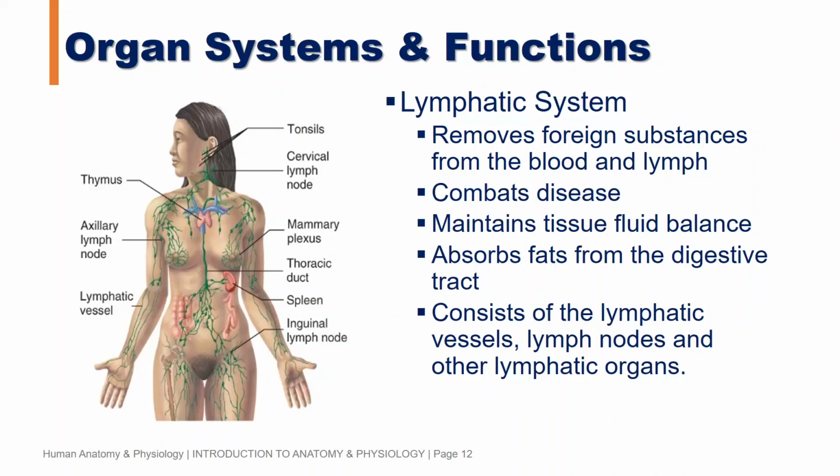So as you can see from here, you have your tonsils, cervical lymph node, thymus, mammary plexus, thoracic duct, spleen, inguinal lymph node, then you have your axillary lymph node and your lymphatic vessels. Don't worry about this now. What I'm trying to do is to just give you an overview, and next time we will deep dive and understand each of these components.